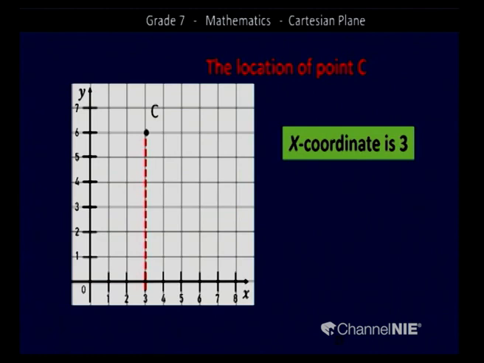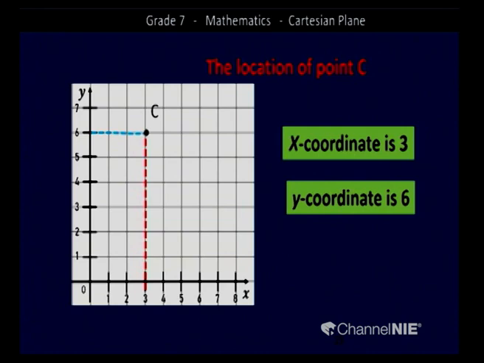Therefore, the x coordinate is plus 3. Then I am going to draw a perpendicular from point C to the y axis to get the y coordinate. Here, as you can see, the perpendicular goes through plus 6. Therefore, the y coordinate is plus 6.